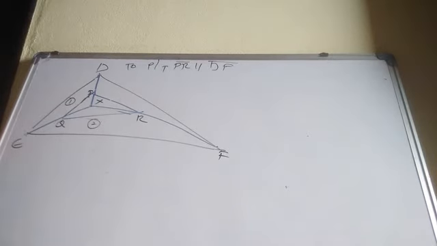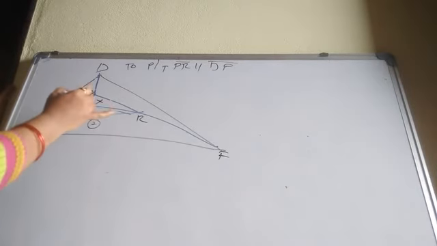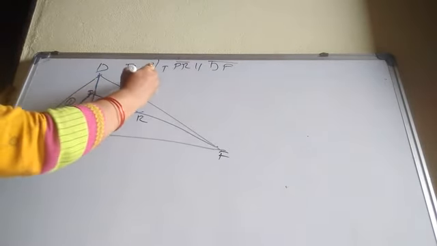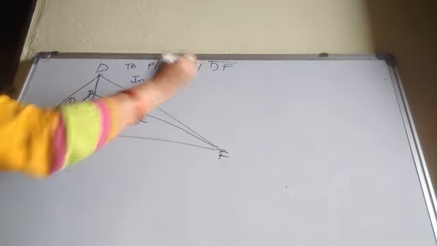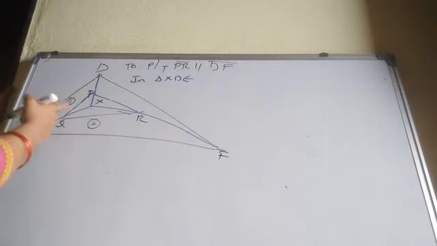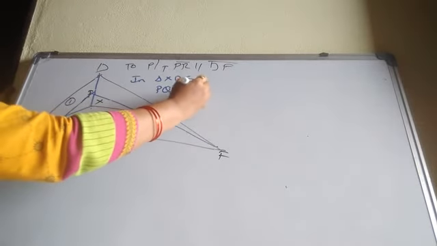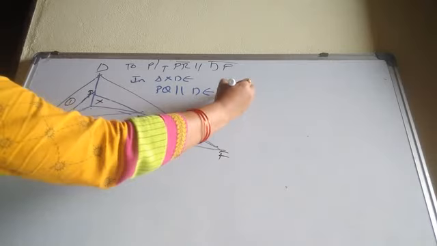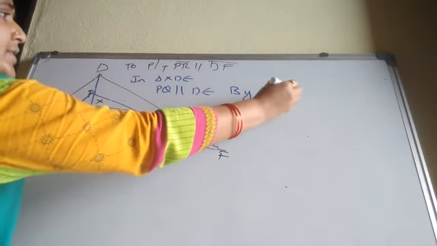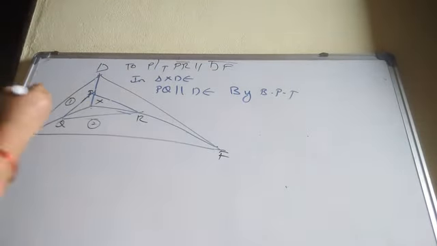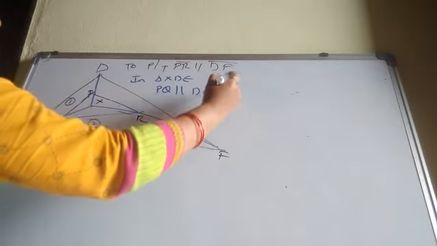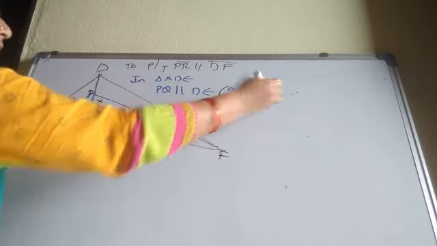He has given the proof also. First one, in triangle XDE, he has given it is parallel. PQ is parallel to DE by BPT. First blank is what? Given.